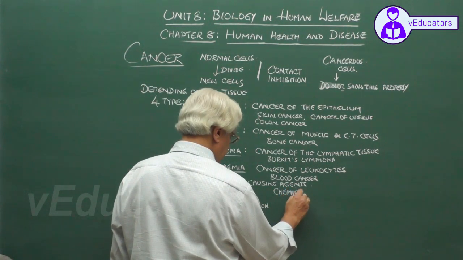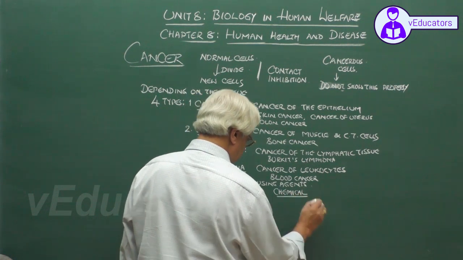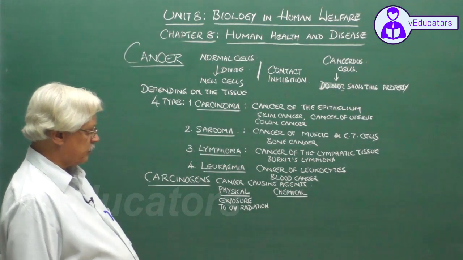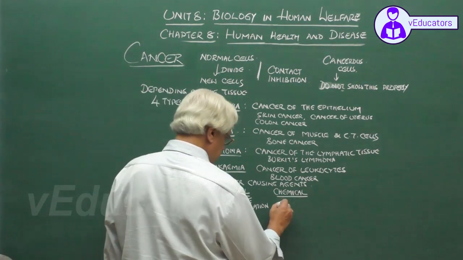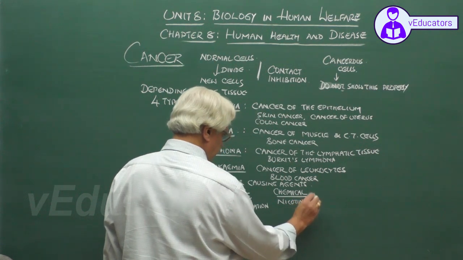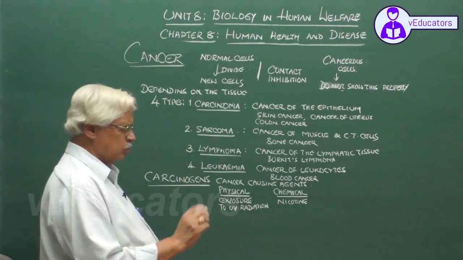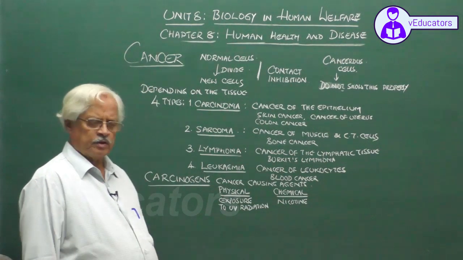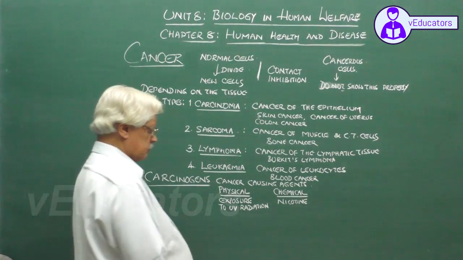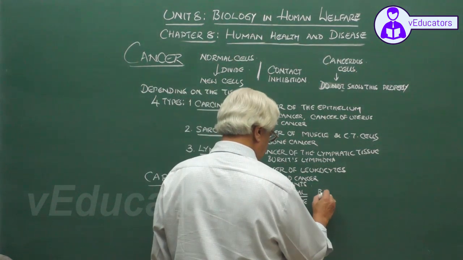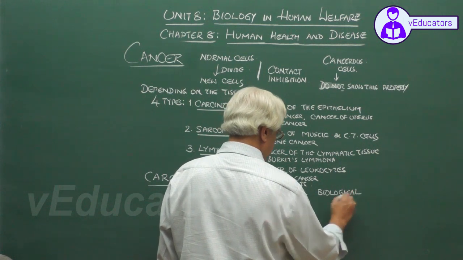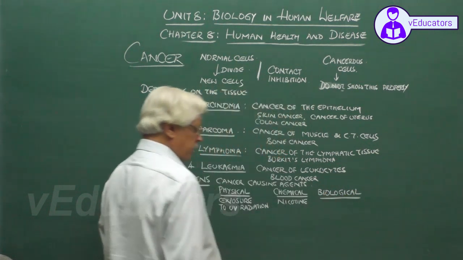Carcinogens can be chemical substances. For example, nicotine present in the cigarette smoke is a potent carcinogen. Carcinogen can be biological.